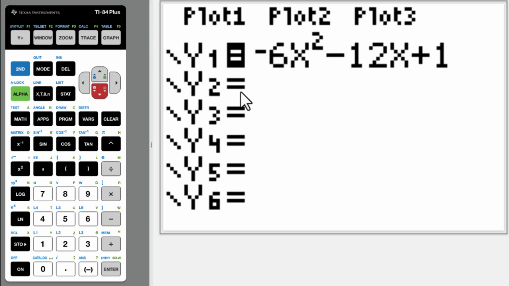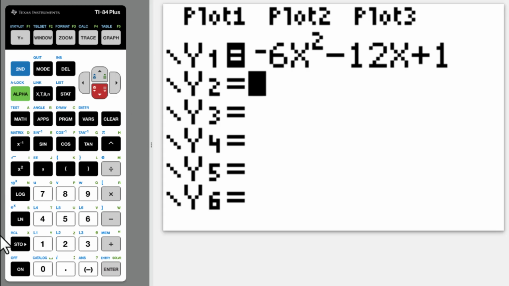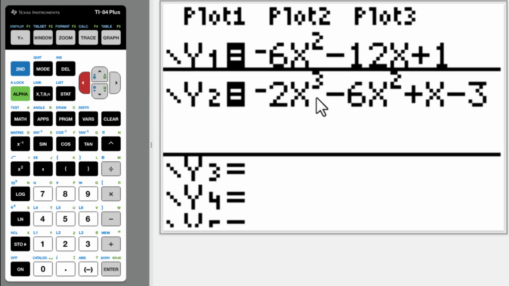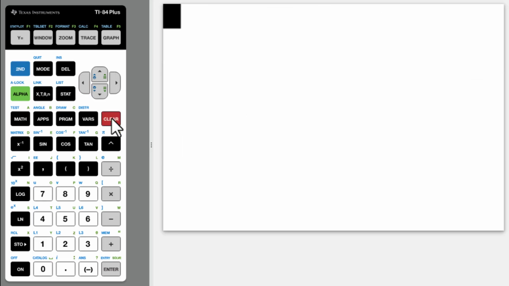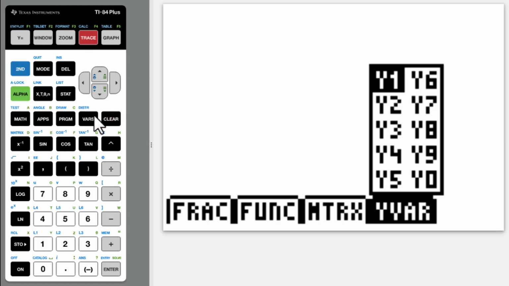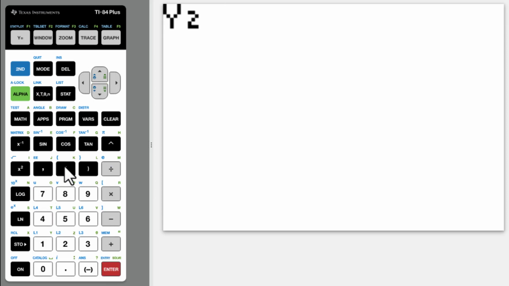This time, we need to put the original function into y2. After we put p of x into y2, quit. Clear. Alpha trace. Remember y2, not y1, because we need to substitute the values into the original function p of x.